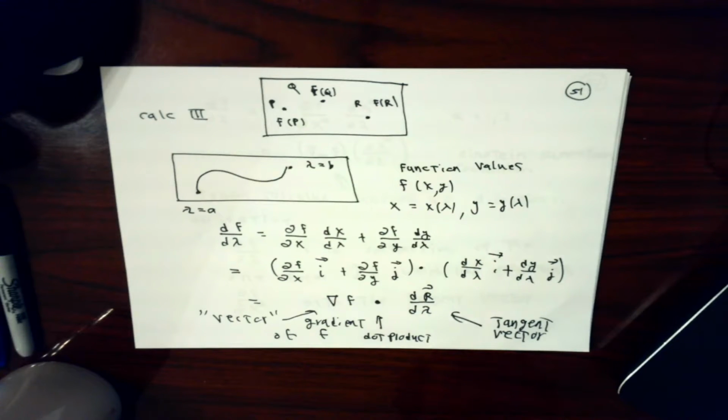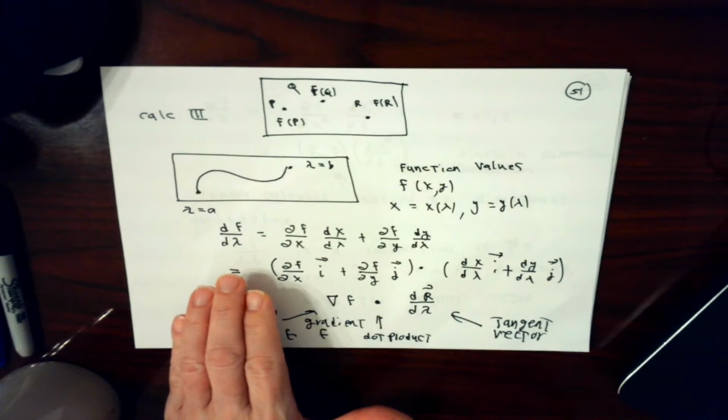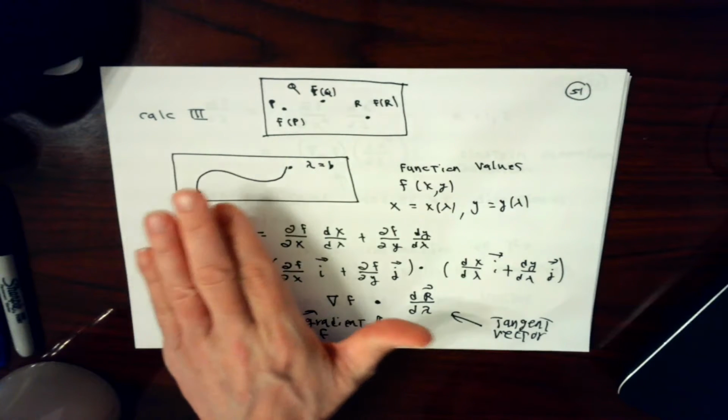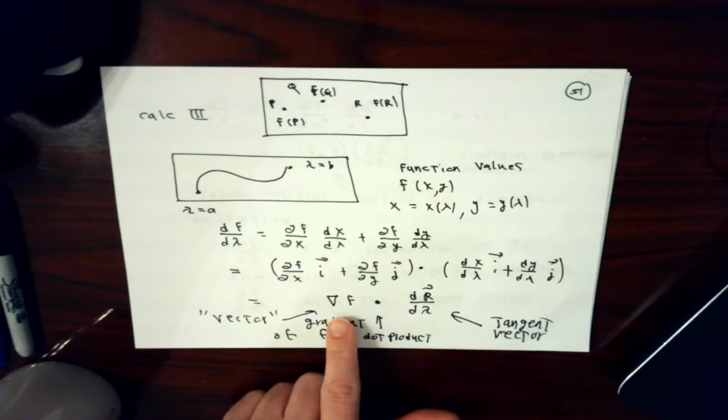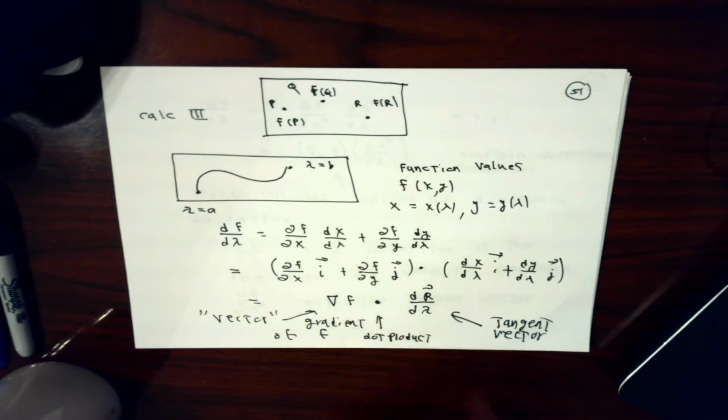As you travel along the curve, you encounter different points of the plane, different function values to go with them, and what you figured out was that the rate of change of the function with respect to the parameter as you travel along the curve was a dot product of the gradient of f with the derivative of r with respect to lambda, where r is the position.